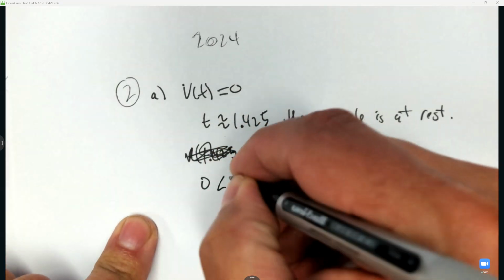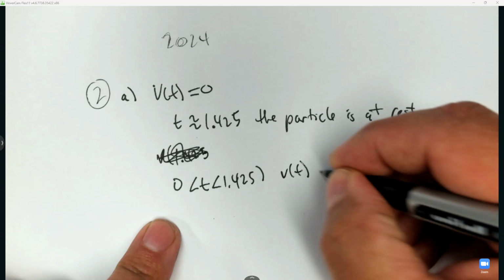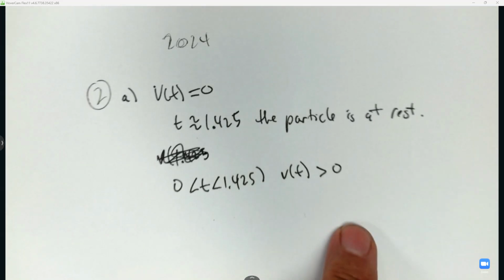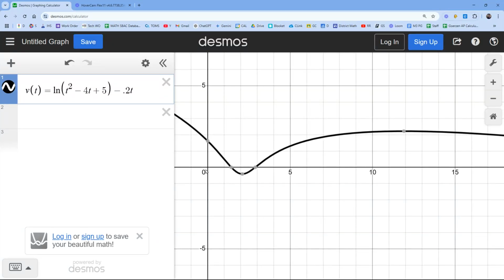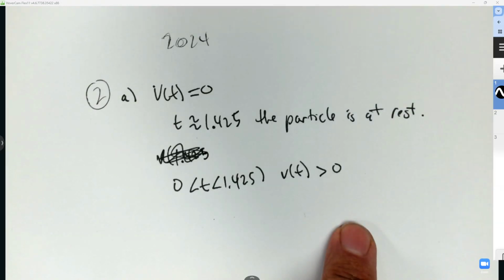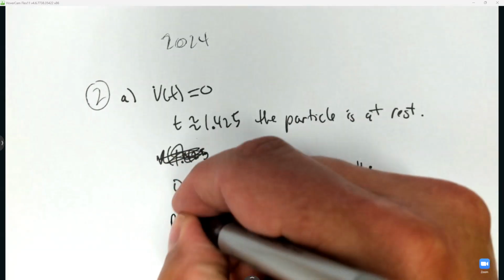So they say from 0 to our answer, which is 1.425, the velocity, is it greater or less than 0? So when I look at the graph, between 0 and that point, you can see the velocity is positive. It's above the axis. So that tells me the direction if the velocity is positive. So since the velocity is positive, the particle is moving to the right.